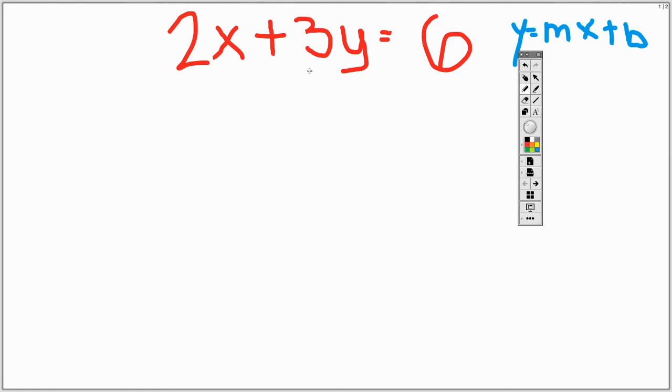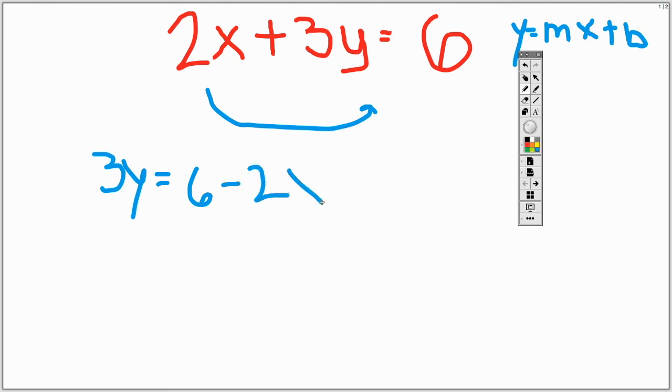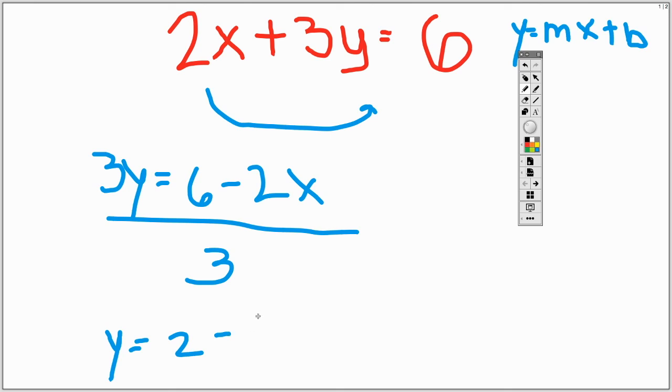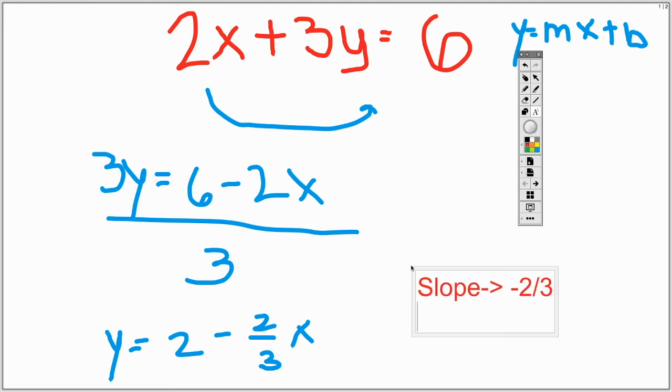So what we'd do is we would move the 2x here, and it would become 3y equals 6 minus 2x. And then we divide this by 3, as slope-intercept is always y equals. So it becomes y equals 2 minus 2/3 x. So we can already identify our slope and y-intercept. Our slope is negative 2/3, and our y-intercept is 2.